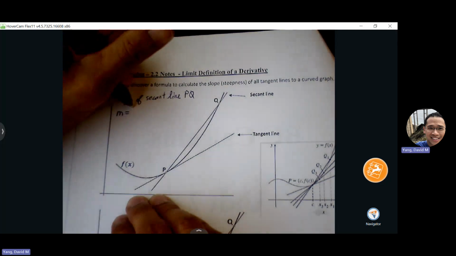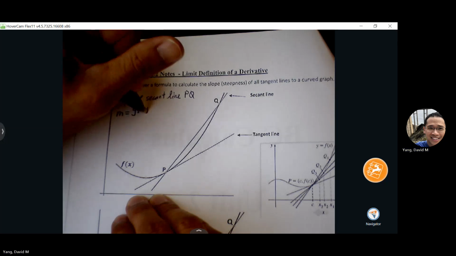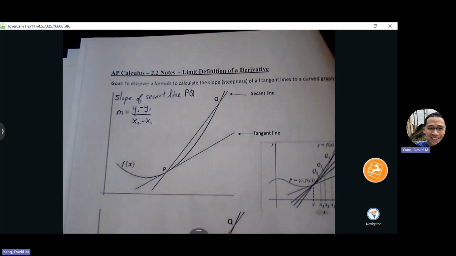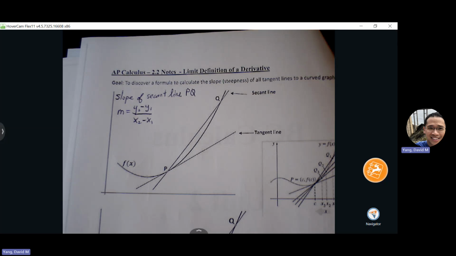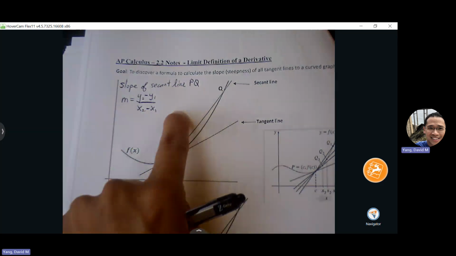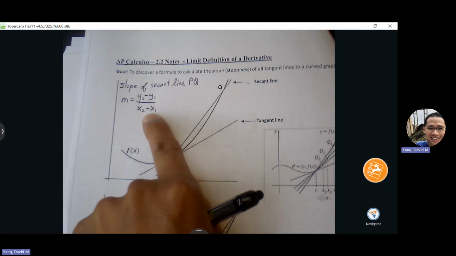And the slope formula requires two ordered pairs, because I need to have 2 points in order to have an idea what is my rise and what's my run, rise over run. So the algebra requires 2 points for slope.